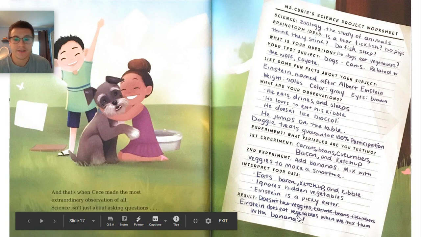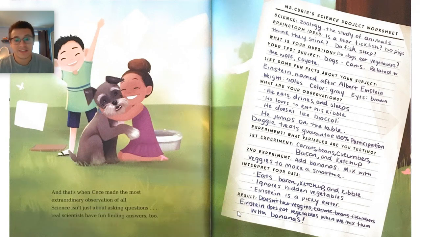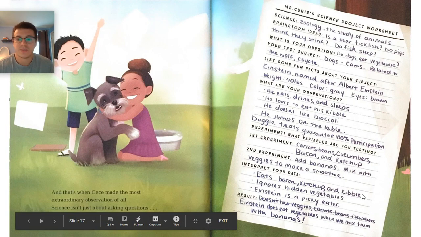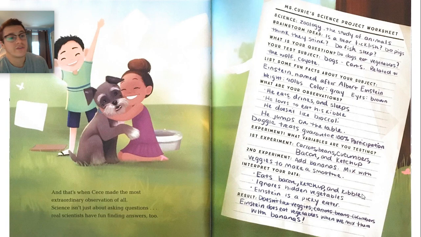Einstein is a picky eater. The result. They crossed out doesn't like veggies, carrots, beans, cucumbers. And they write instead, Einstein does eat vegetables when we mix them with bananas. So they did this whole science experiment and they figured out that Einstein will, in fact, eat his veggies if they are blended together with bananas. It's like a banana vegetable smoothie.